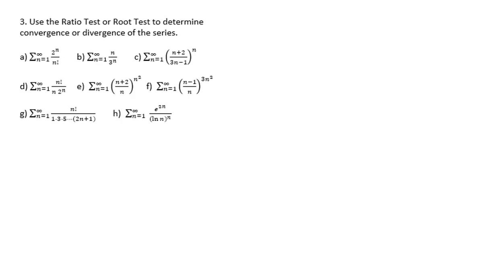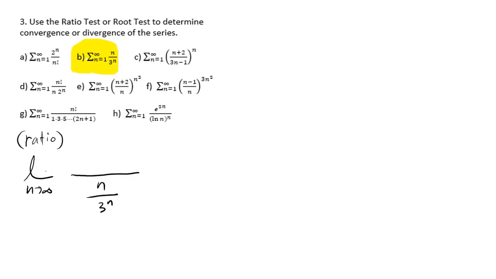Alright, next question. Let's try this one here. This one I promise I'm going to show you both. So let's first do the ratio test. So you take limit n going to infinity. You write down the a n in the denominator.